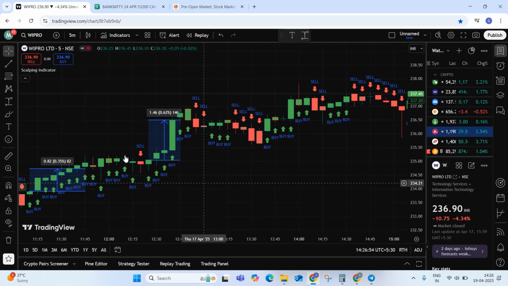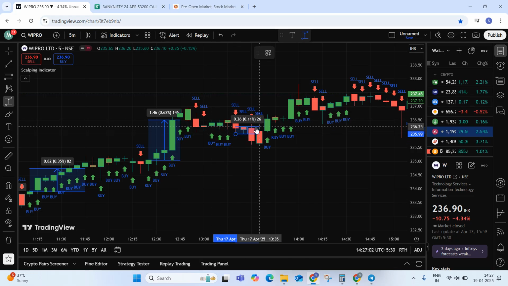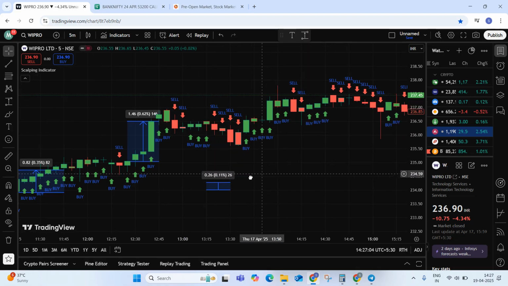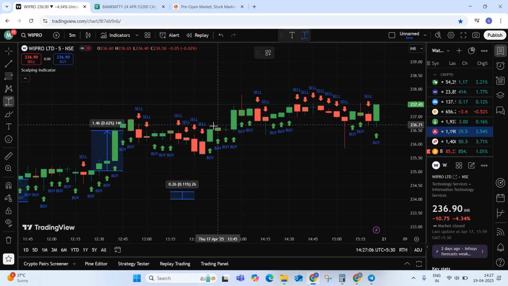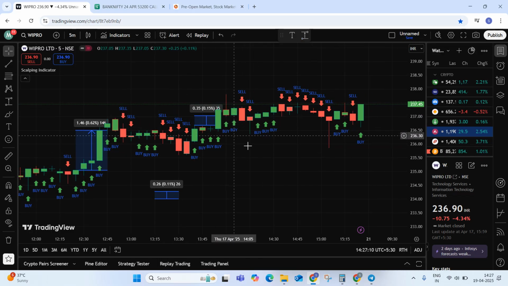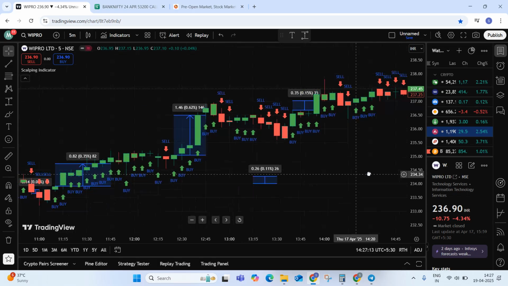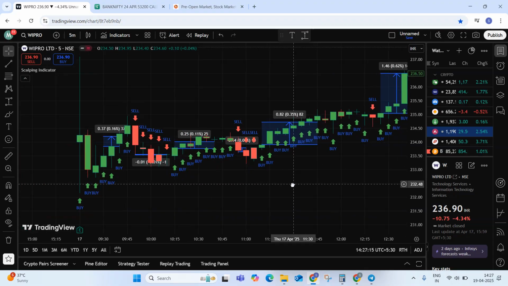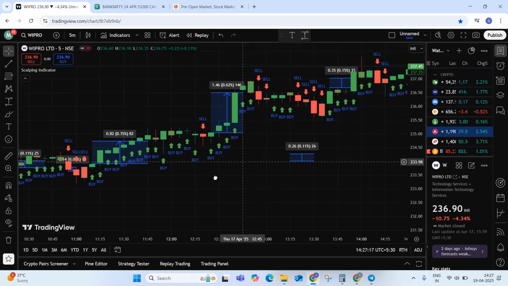Here you can get 1.46. No indicator will give 100% signals, I can bet you that. Here one stop loss of 26 paisa. Here we have entered at 35 paisa. If you observe the whole day, you will be in profit only if you take all the signals.